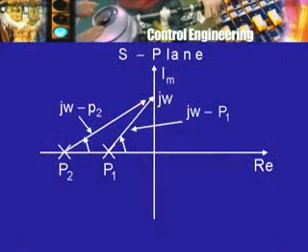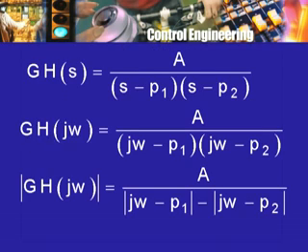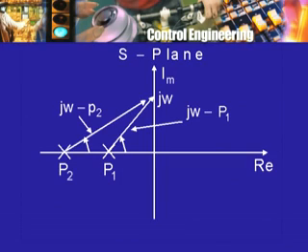So, merely by looking at the pole 0 diagram, in this case there are only 2 poles, by looking at the point j omega on the imaginary axis, by visualizing these vectors, looking at their lengths and angles, and looking at what j omega involves, terms in the numerator, terms in the denominator, it is possible to get some inkling of how the gain and phase shift are going to vary.